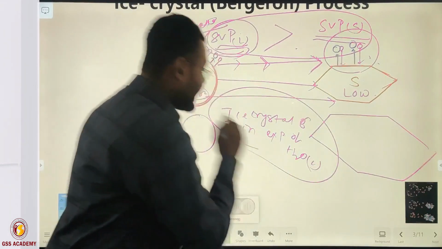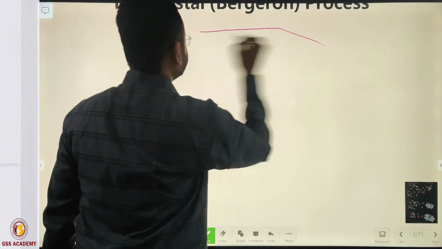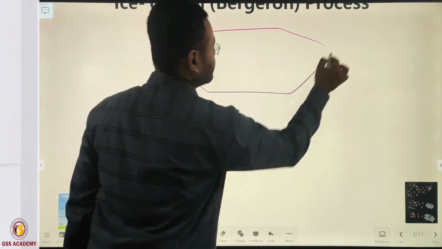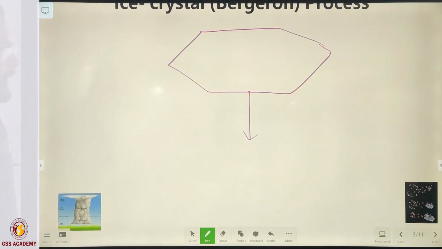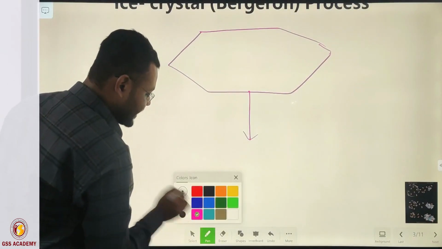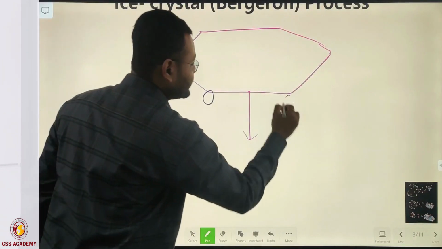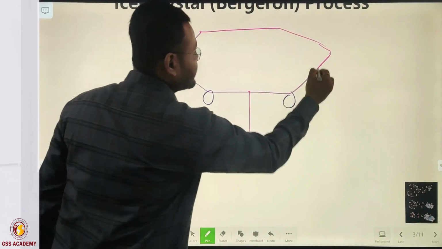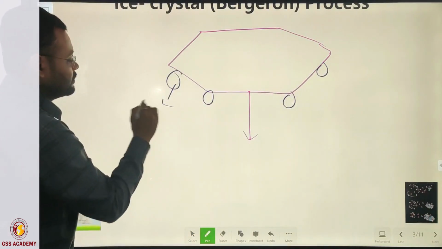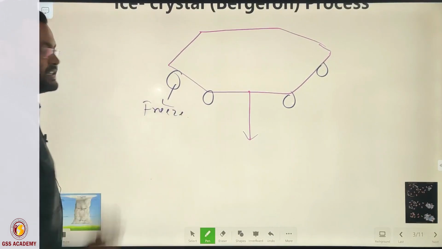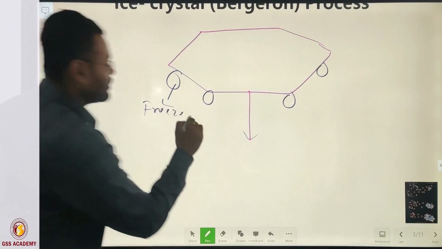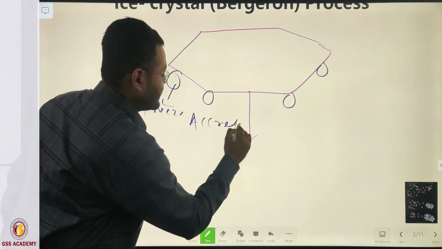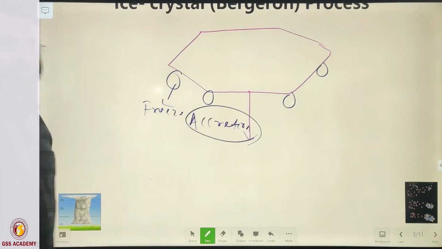Okay, and when this ice crystal forms, it starts to fall towards the earth's surface, and on its way it may come in contact with other supercooled liquid, and upon contact this supercooled liquid will freeze. And this process is called the accretion process.